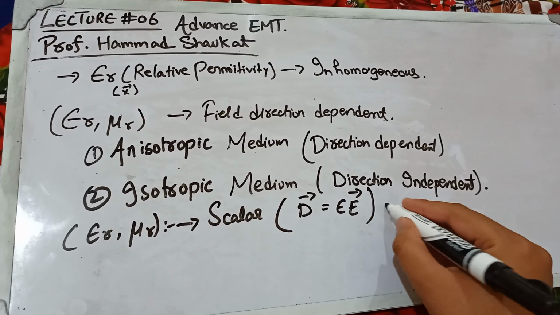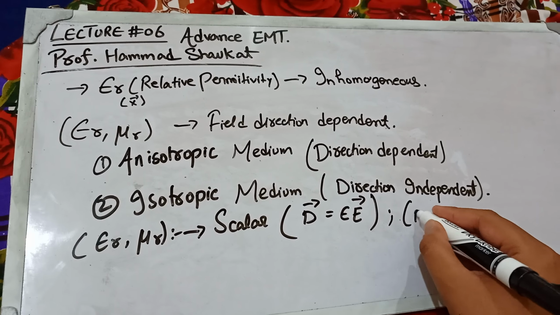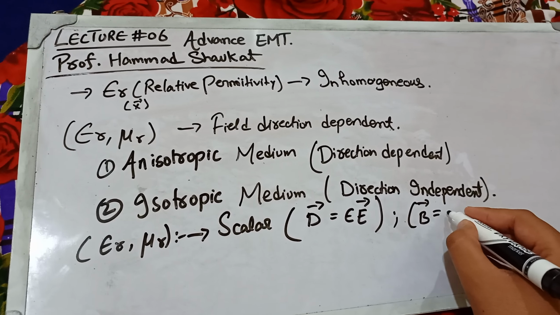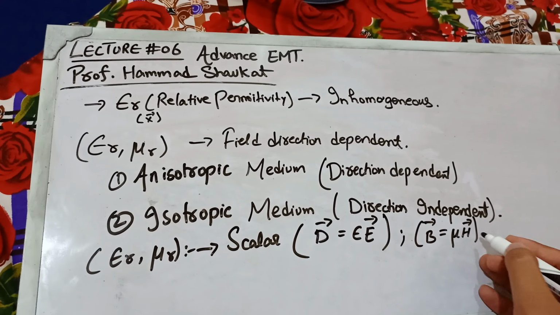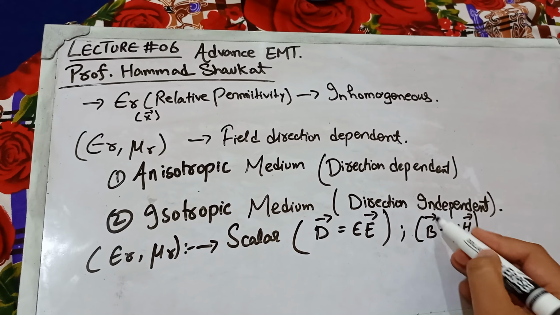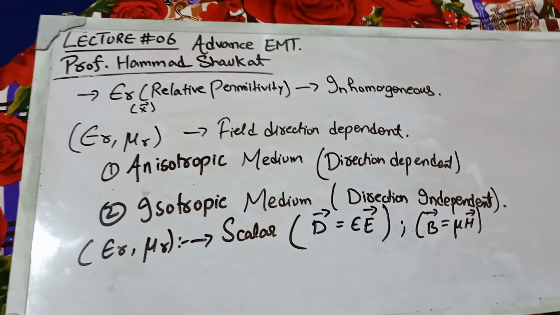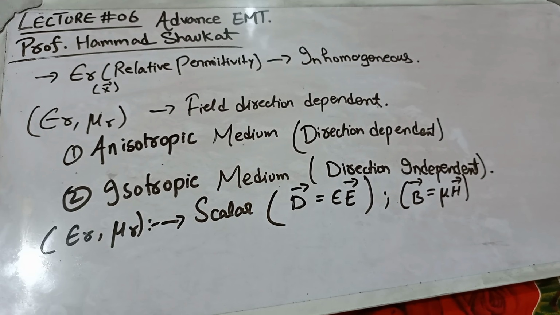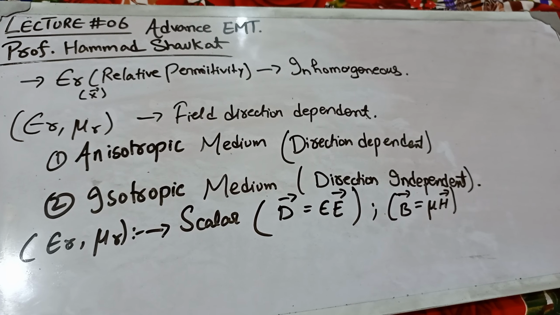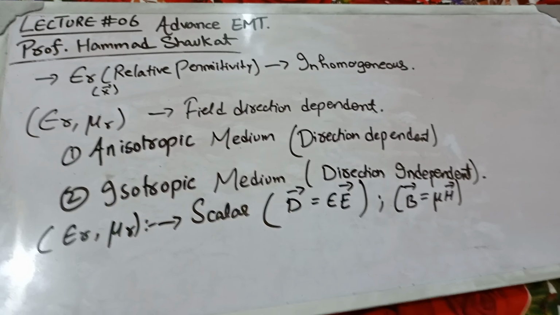Similarly, you can write it here for the magnetic field relation, B equals mu times H. So if the directions for H and B, and like E and D, are the same, then they are scalars. Okay, but what if both the directions are not the same?